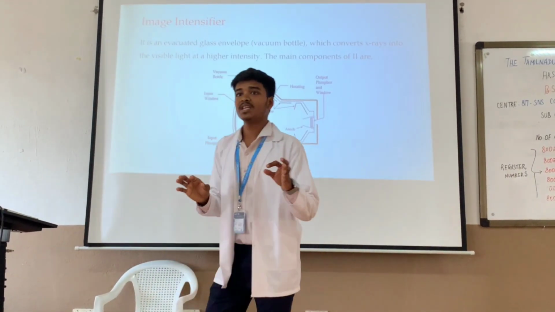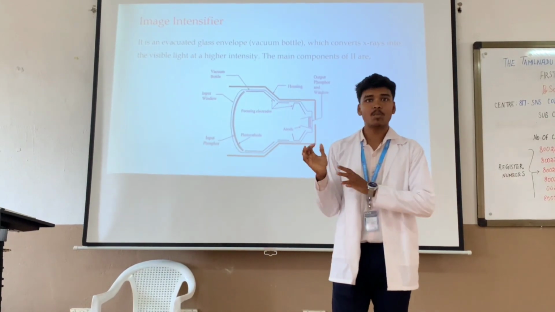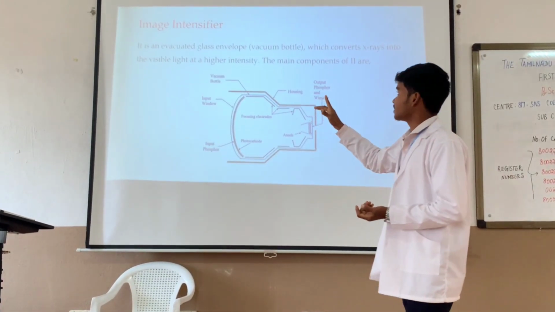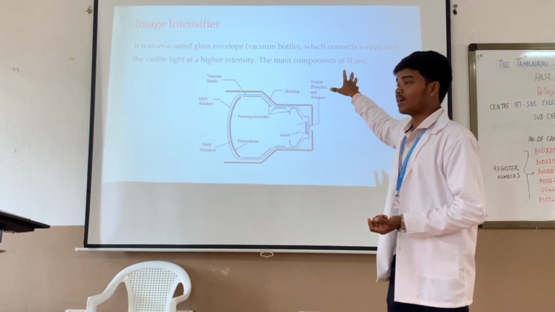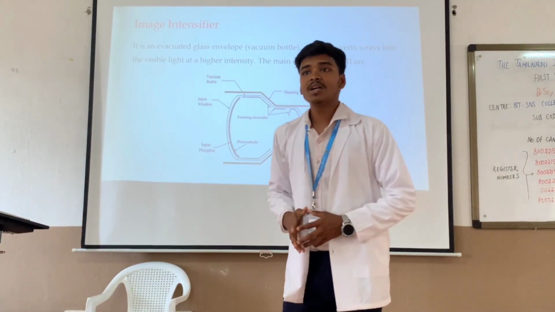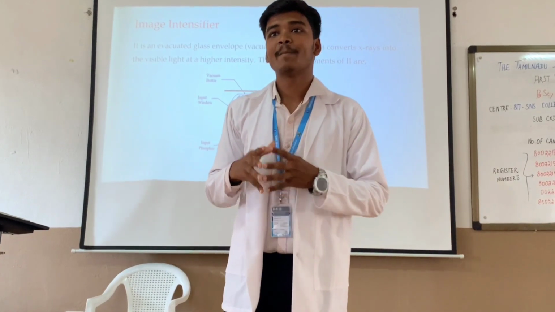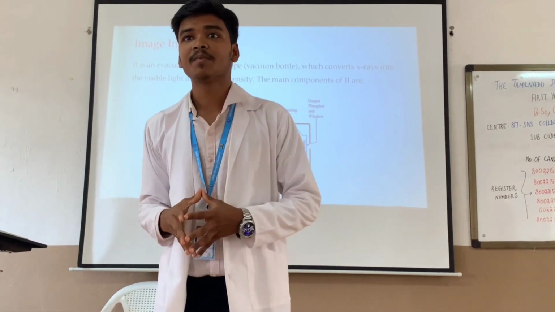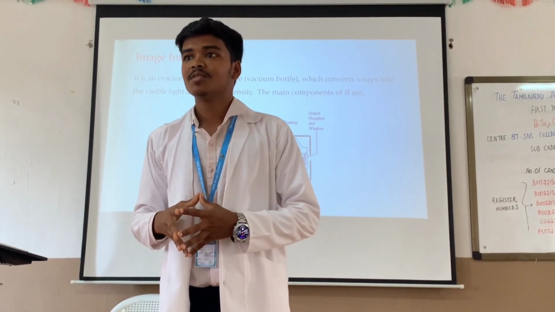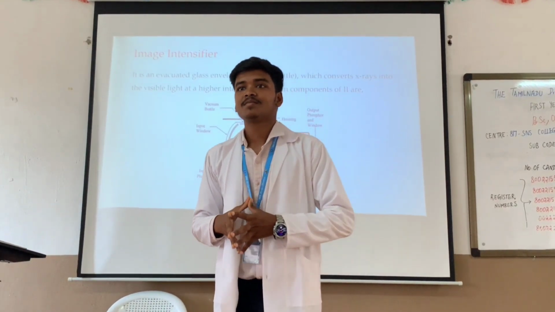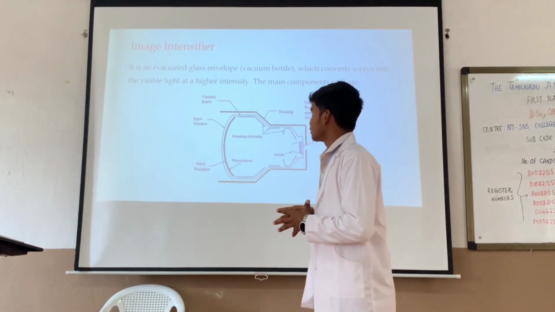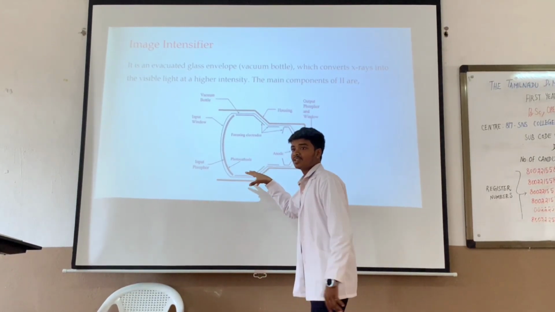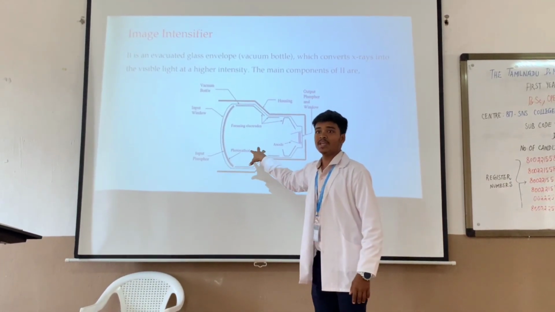So what is meant by the image intensifier? This is a component, right? The image intensifier is an evacuated glass envelope, which is a vacuum bottle. So what is the reason for making the tube a vacuum? In order to make the X-rays not disturbed by the air.